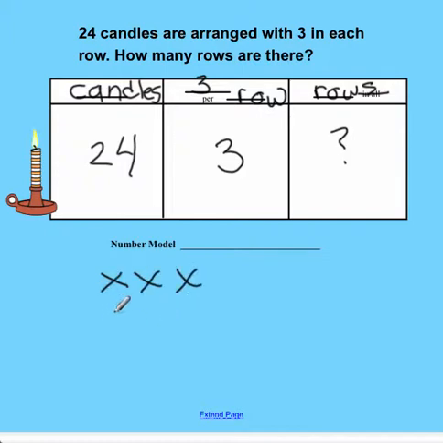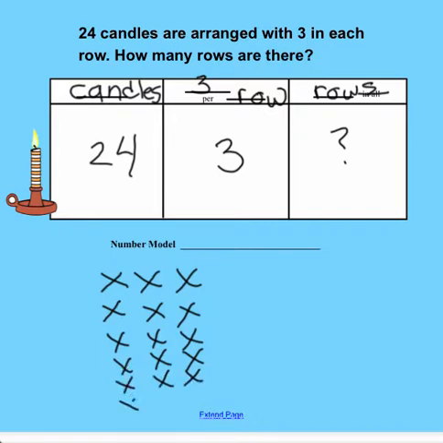So I've used 3 candles, and I'm going to keep going until I've used all 24 of my candles. 3, 4, 5, 6, 7, 8, 9, 10, 11, 12, 13, 14, 15, 16, 17, 18, 19, 20, 21, 22, 23, 24. All right, now the question again was how many rows are there?